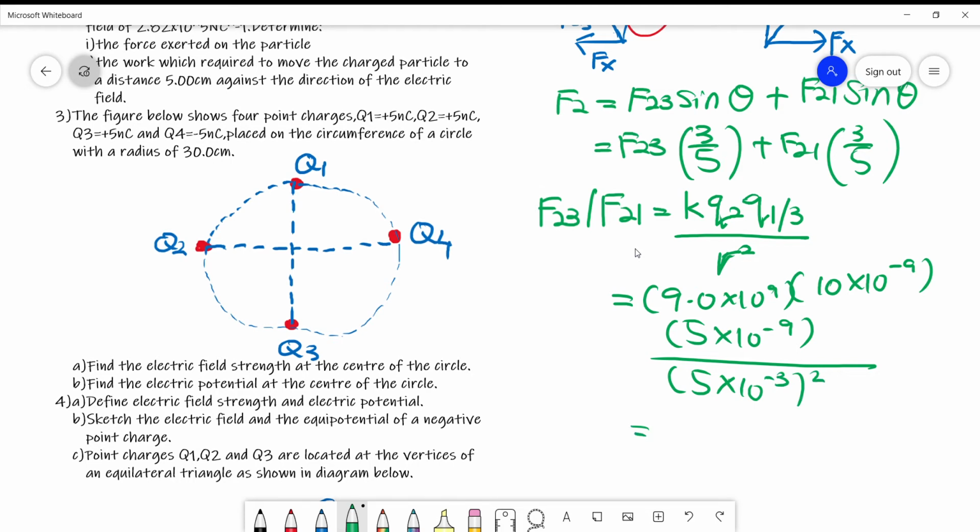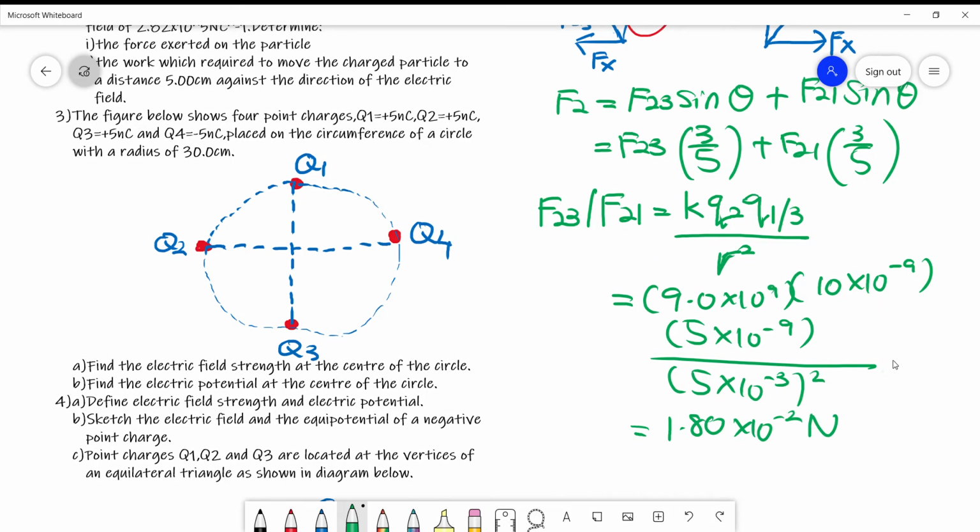The final answer is 9.0 times 10 to the power 9 times 10 times 10 to the power negative 9 times 5 times 10 to the power negative 9 divided by 5 times 10 to the power negative 3 squared. So the magnitude for F23 or F21 is 1.80 times 10 to the power negative 2 newtons.